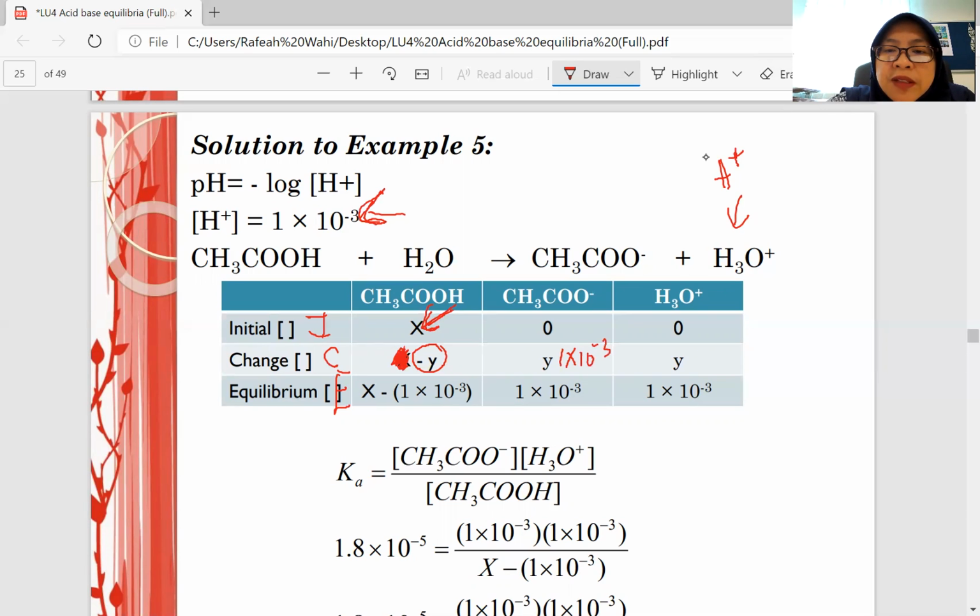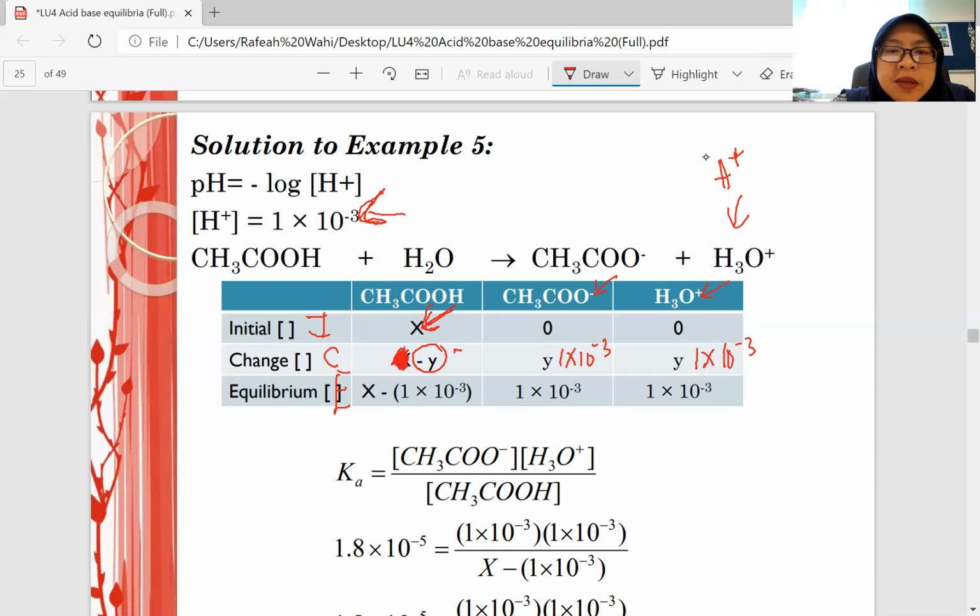The same goes for the conjugate base. I'm sorry, this is the hydronium ion, and this is the conjugate base. I said that the wrong way around just now. Alright, so we know that the change in concentration has been calculated, which is 1 times 10 to the power negative 3.